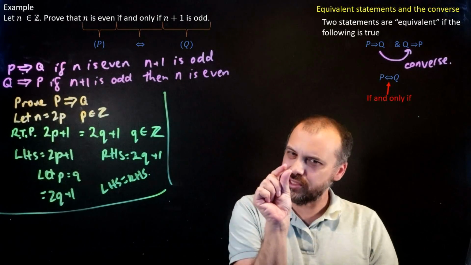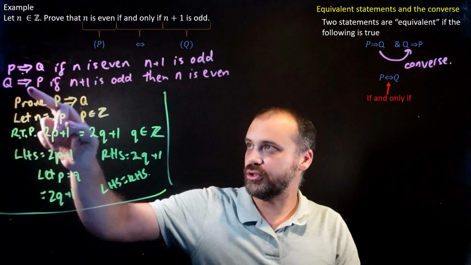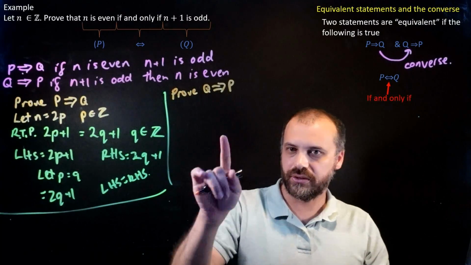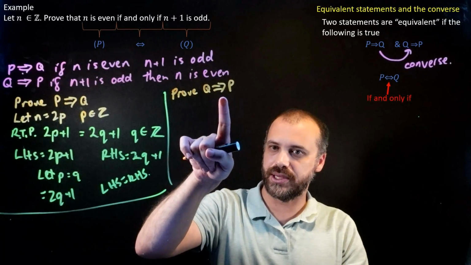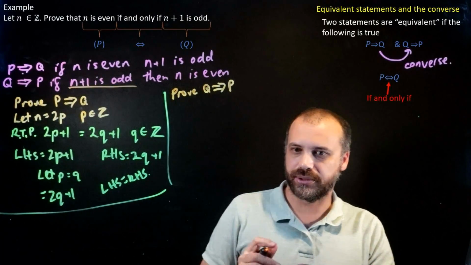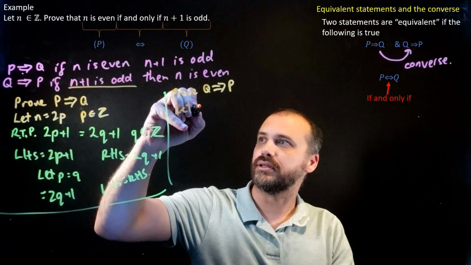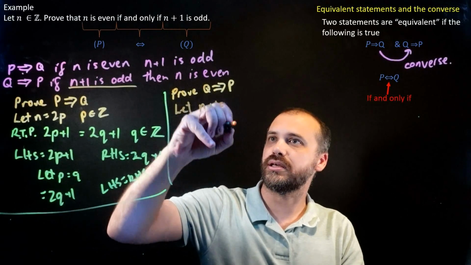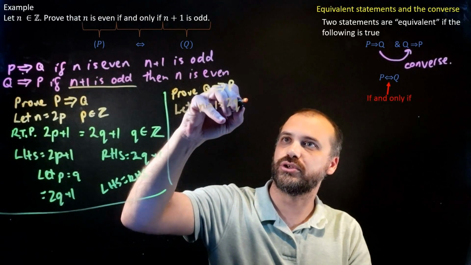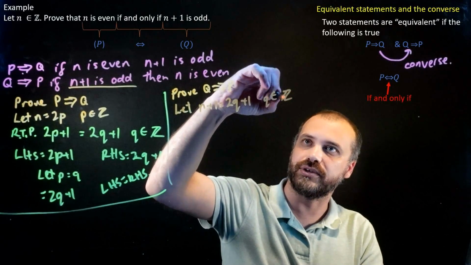But we are only half done because we've only proven that P implies Q. And now we need to do just the slightly more difficult one, which is prove that Q implies P. All right, so to prove Q implies P, we need to write down our Q. n plus 1 is odd. Now, let n plus 1 equal 2q plus 1, where q is in the set of integers.